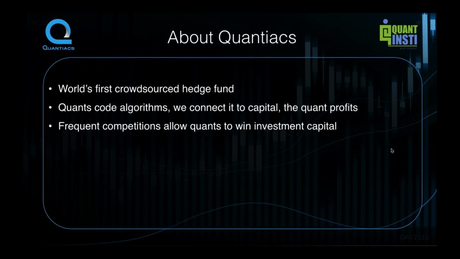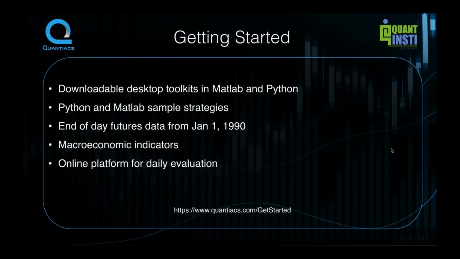We also have frequent competitions that allow our quants to potentially win investment capital. We are extremely excited about this partnership with QuantInsti, as at Quantiacs we can see that there are many more individuals interested in doing quantitative trading than there are available employment opportunities. So any chance we have to promote quantitative trading, we certainly do it.